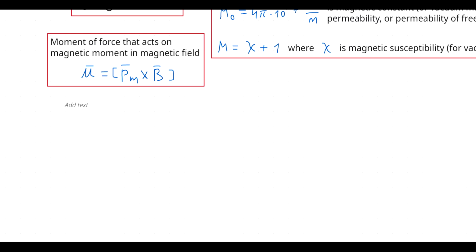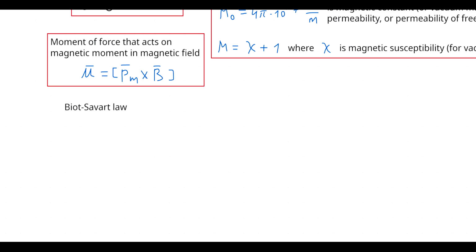Biot and Savart are French surnames, so there is an interesting way of writing these names.